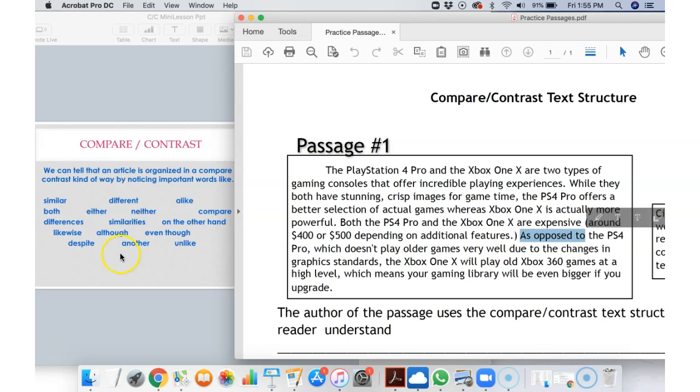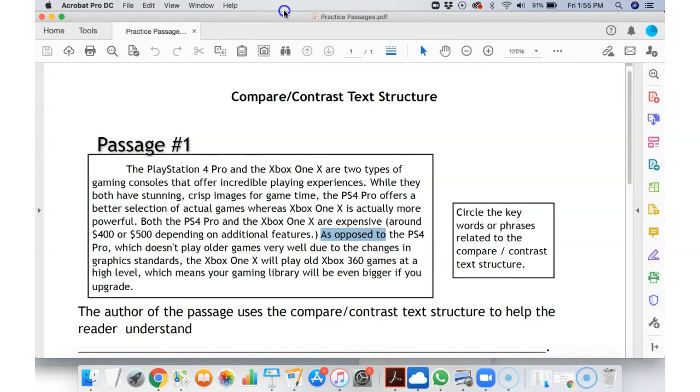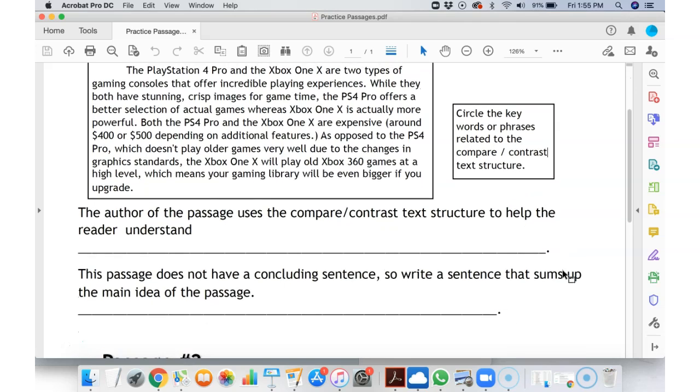It's another way of saying differences. It's almost another way of saying on the other hand, because you're changing topics, right? So there are a couple of clue words and phrases here that tell us that we're looking at the compare contrast text structure. So on your own, you're going to answer these 2 questions.